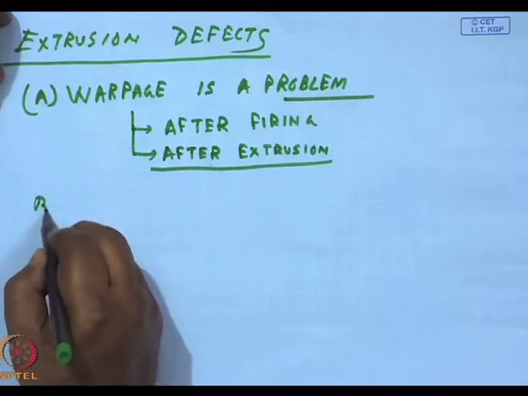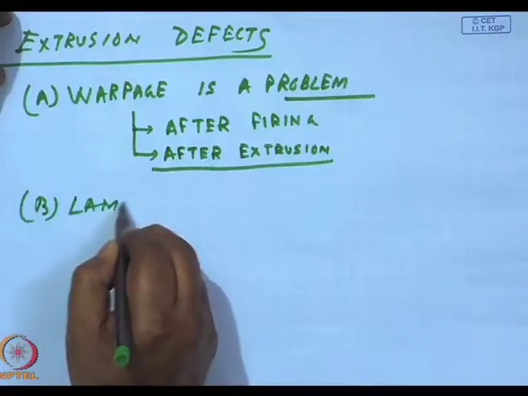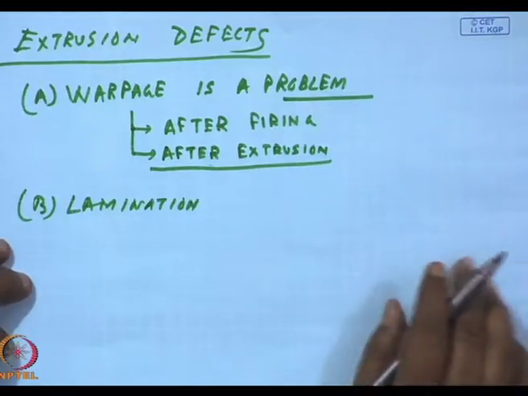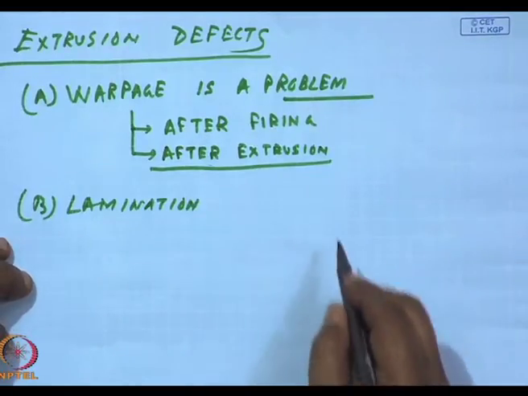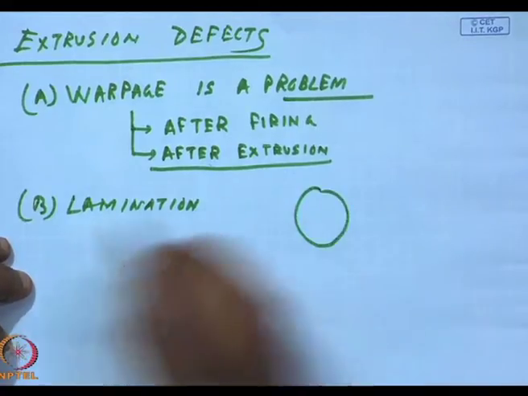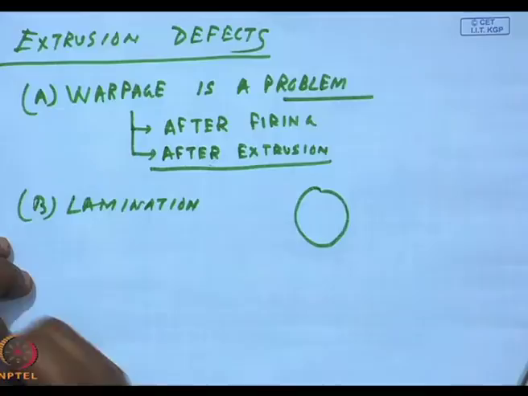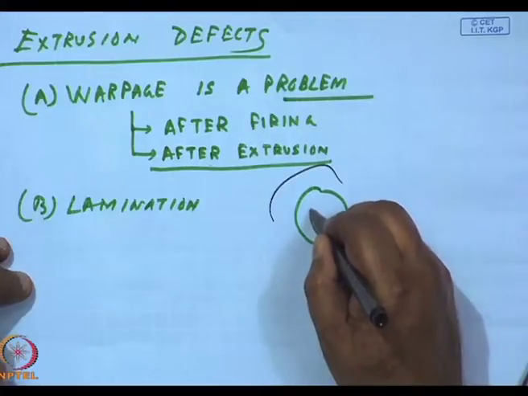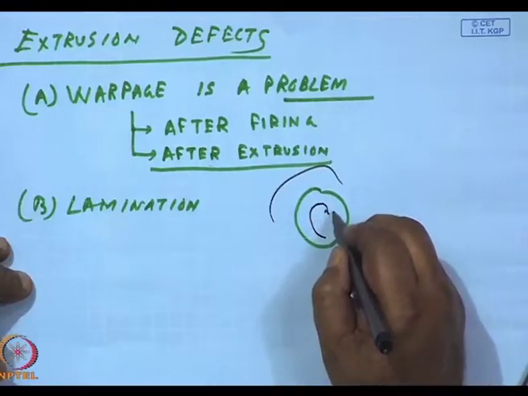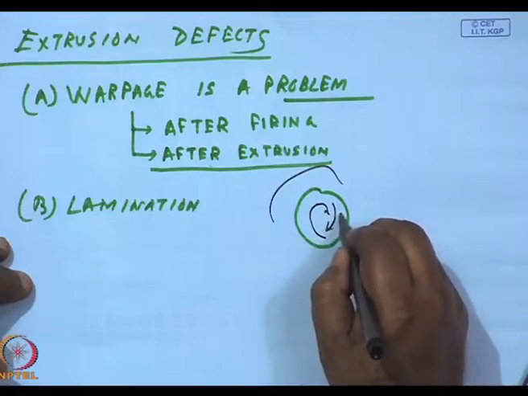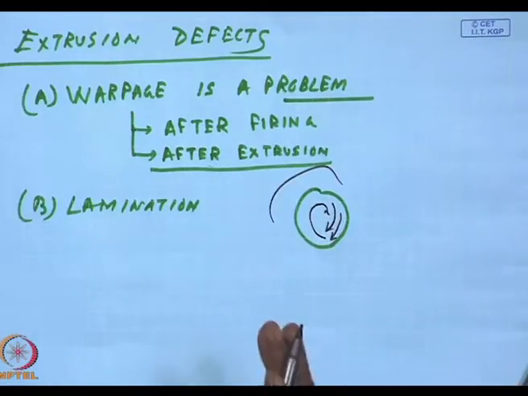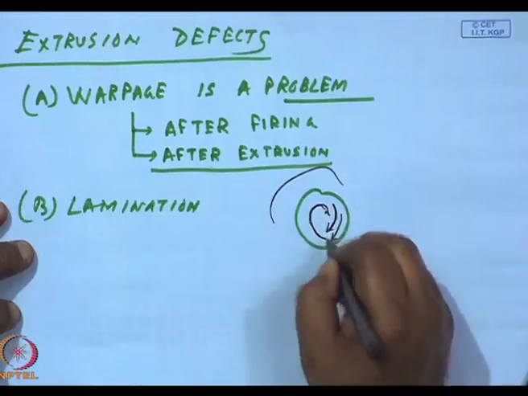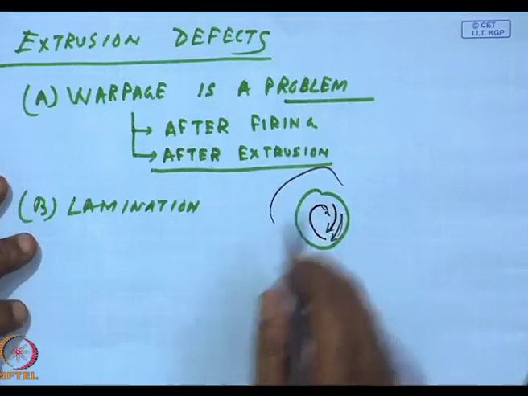The second problem is lamination. Well, if I look at the cross section of an extruded rod, and if the screw was turning in this direction, what I will see is there are zones where the polymer and the ceramic have separated off, and they are showing this type of a defect. This is if I see it in plan.